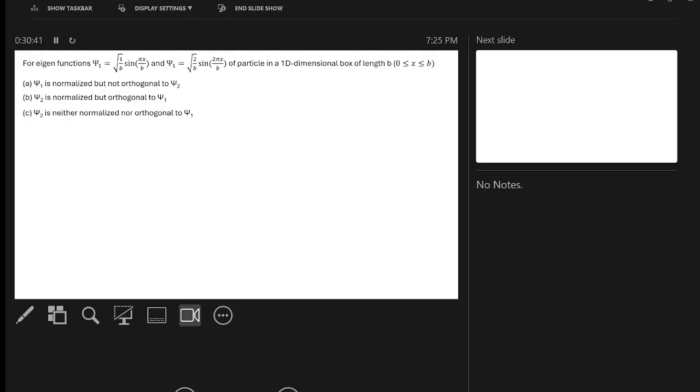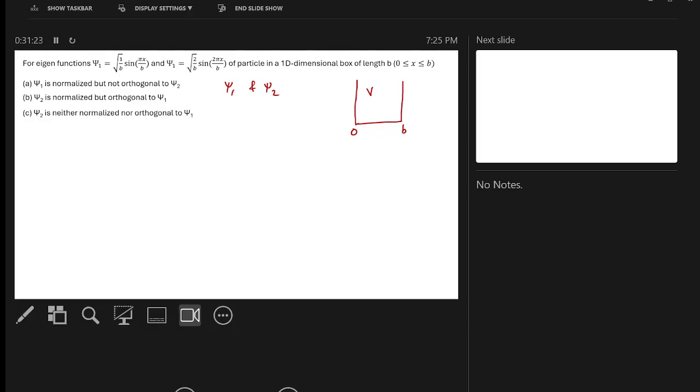So there are two wave functions given, psi1 and psi2, for a particle in a one dimensional box. The length is 0 to a. Inside the box we have potential V, and outside the box it is different. The question is: psi1 is normalized but not orthogonal to psi2. So we need to solve three problems here.